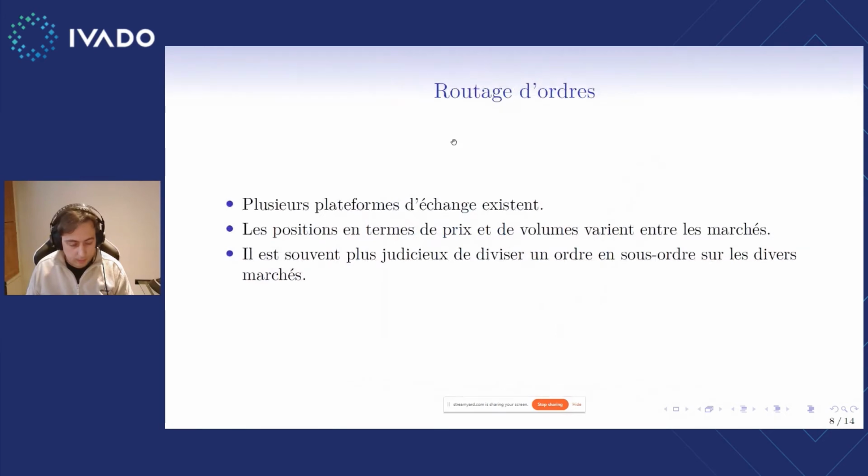Another kind of problem that Jean-Francis is considering is order routing. The main issue that we face with digital assets is that we don't have only one market exchange. Austin has shown a graph with exchanges all over the world. So the question is, if you want to take advantage of all the markets, how do you proceed?